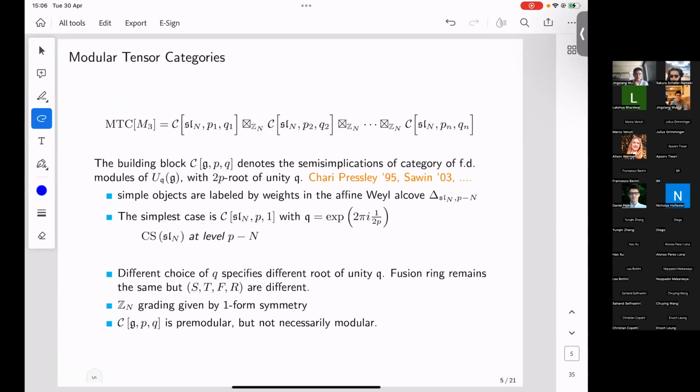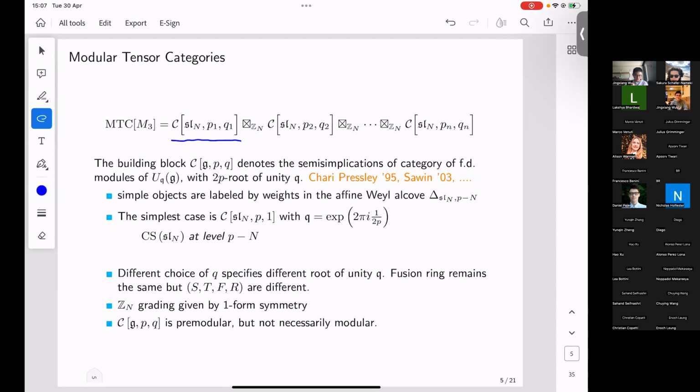The category that's of interest today is constructed as follows. Each individual factor is the category of finite dimensional modules of quantum groups. If you don't know this, it's okay, because we don't need the technology from quantum groups.